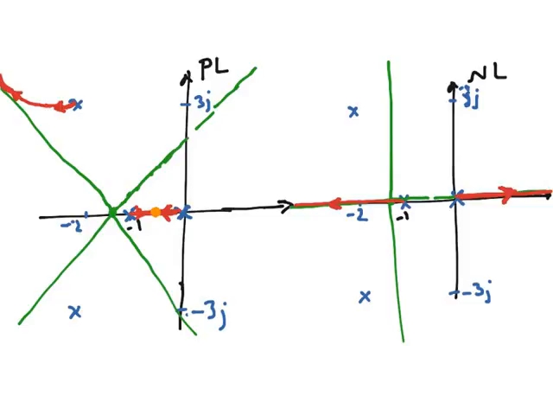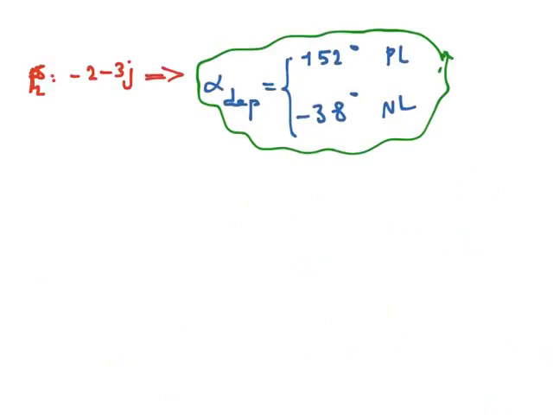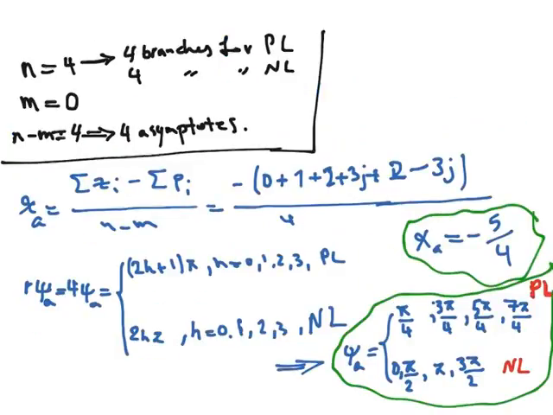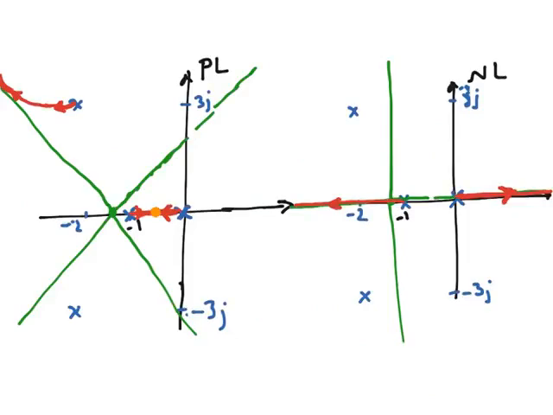And for the second pole, P2, for positive locus, it's 152, a positive value, and the angle will be something like this, and then it will go towards infinity along this asymptote.